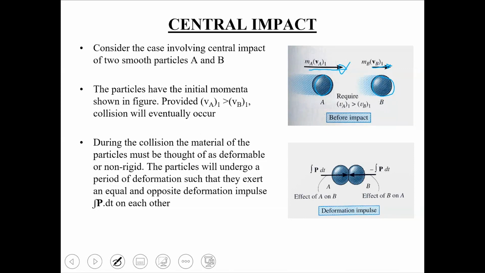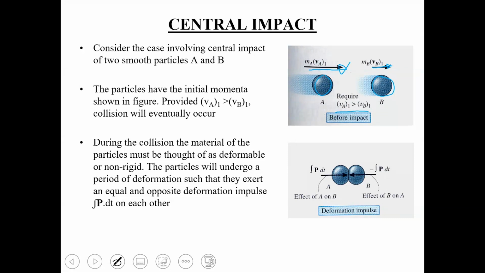So we have taken a general case in which both the particles are traveling towards the right, provided that VA1 is greater than VB1, that is the velocity of particle A is greater than the velocity of particle B, ultimately at some point the collision is going to take place. However, in actual problems, maybe particle B would be traveling towards the left.